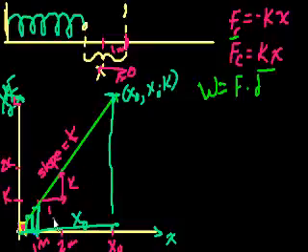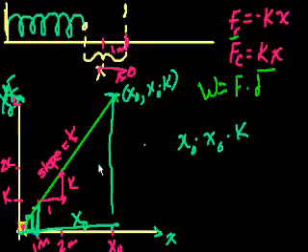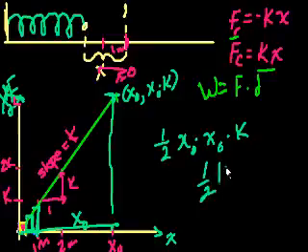And so what's the area under the curve, which is the total work I did to compress the spring x naught meters? Well, it's the base, x naught, times the height, x naught times k, and then of course multiply by 1/2 because we're dealing with a triangle, right? So that equals 1/2 k x naught squared.